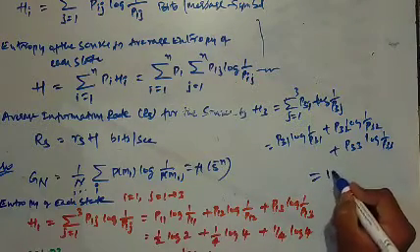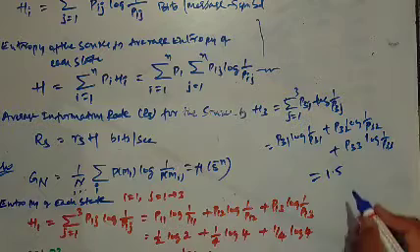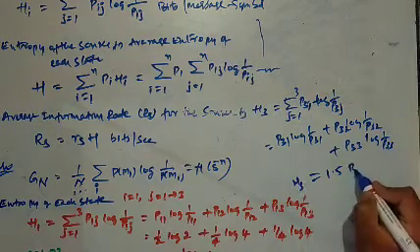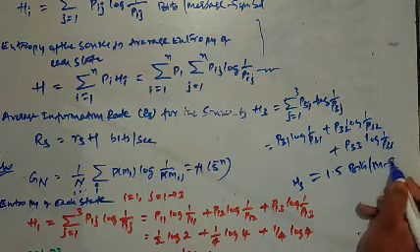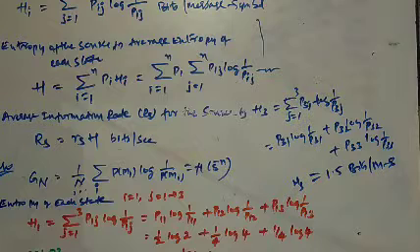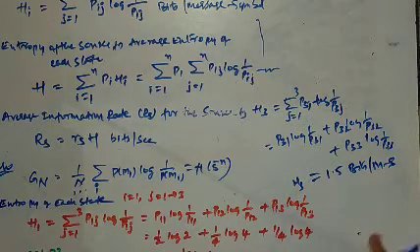This is also 1.5 bits. H3 is 1.5 bits per message symbol. Same values I am getting, this is also the same.